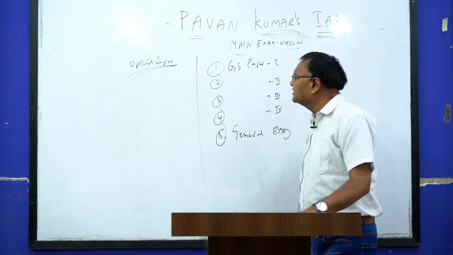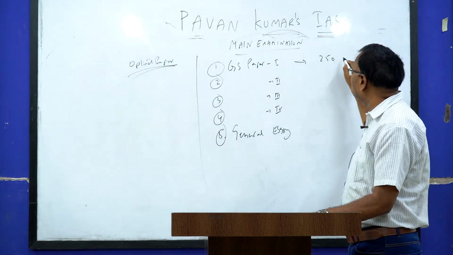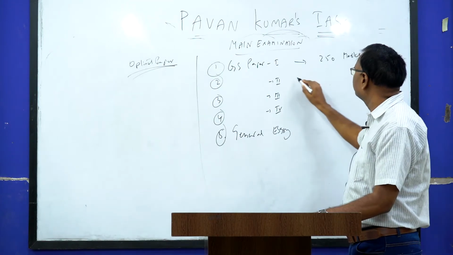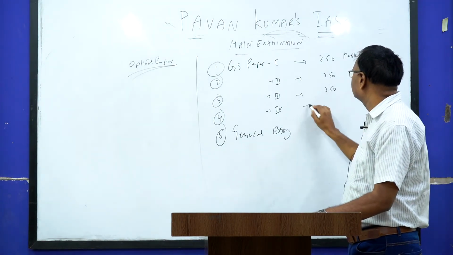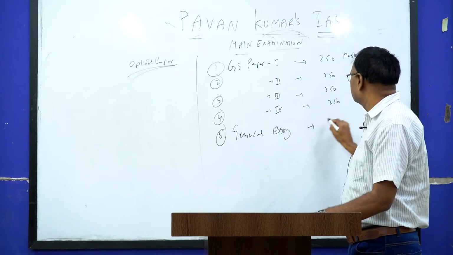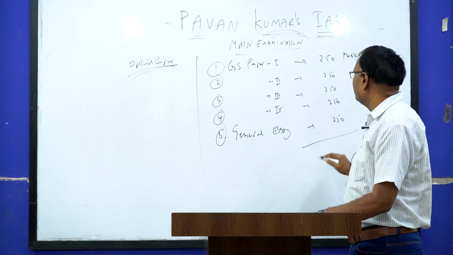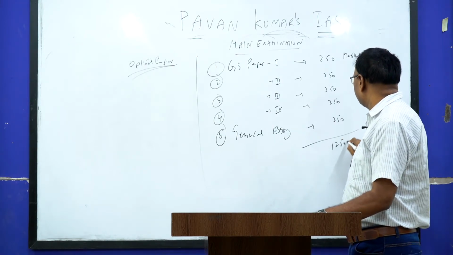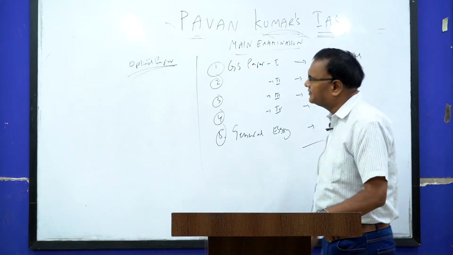Let us first look at the general studies papers. Each paper will carry 250 marks. This is also 250, 250, 250, 250. So it will be around 1250 marks. This is for general studies.